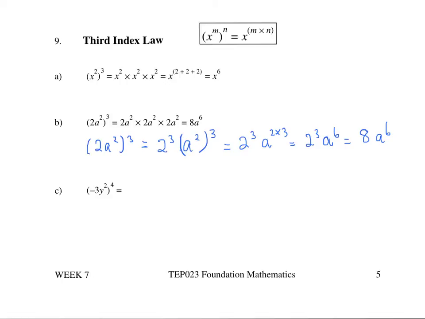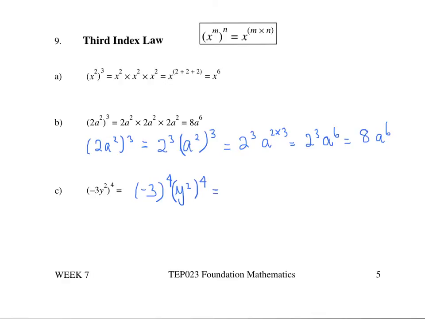negative 3 y squared all to the power 4 means negative 3 y squared, written 4 times and multiplied. Only I don't want to do that. I want to start with the negative 3 because that's also taken to the power 4, as well as the y squared taken to the power 4.